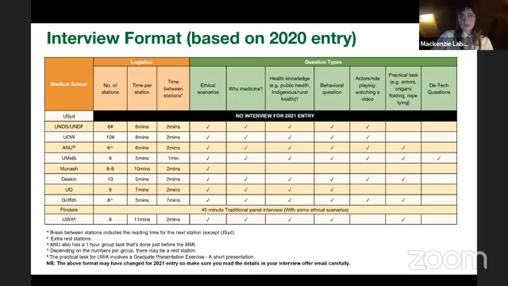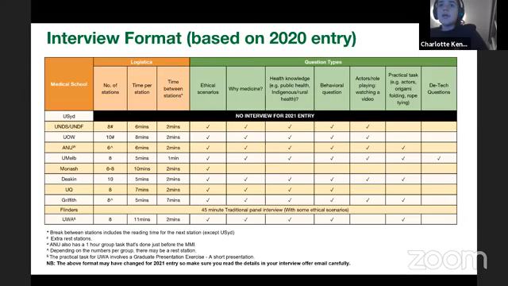So here's a big summary. You guys can take a screenshot of this because we probably won't talk through all of it, since there's a lot and a lot of it's different this year. But basically, the ethical scenarios are common to all unis, so it's really important to be across these.